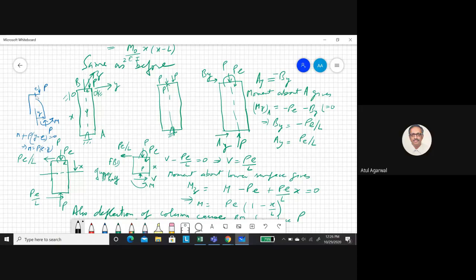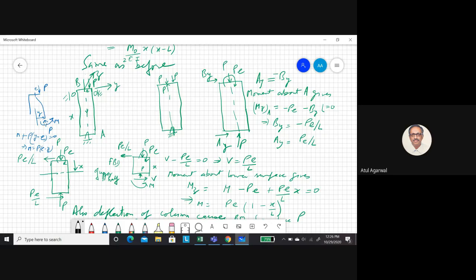Suppose this column deflects. Yes, this is vertical. Your neutral surface takes this situation. So this is the position of y, position y of the neutral surface at distance x. Then the force applied here is P. If you take a cross section, this is a free body diagram of the upper half.